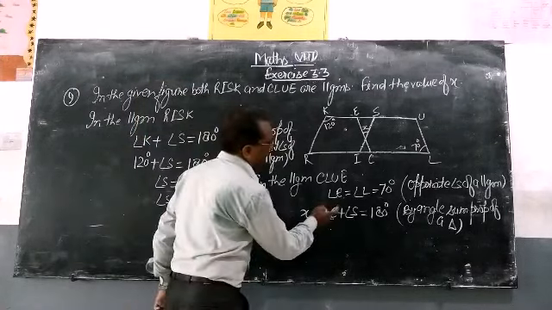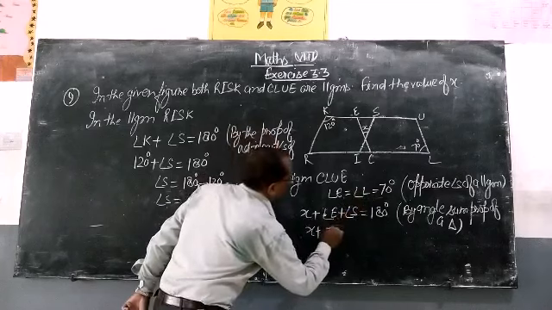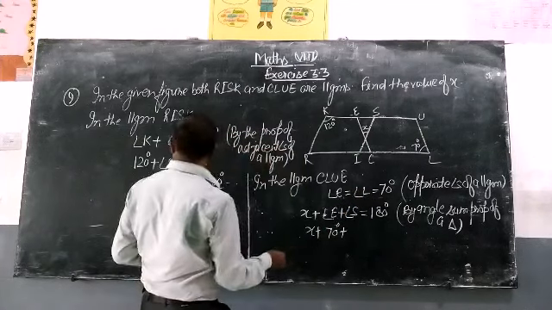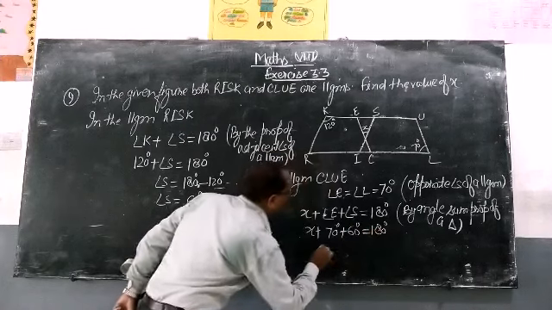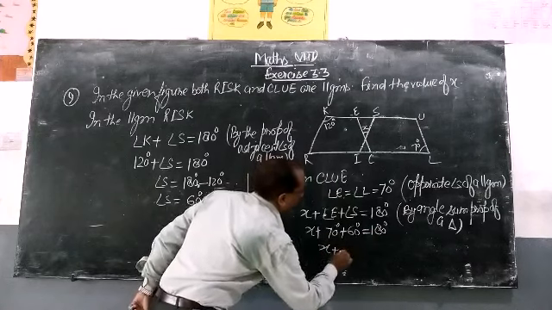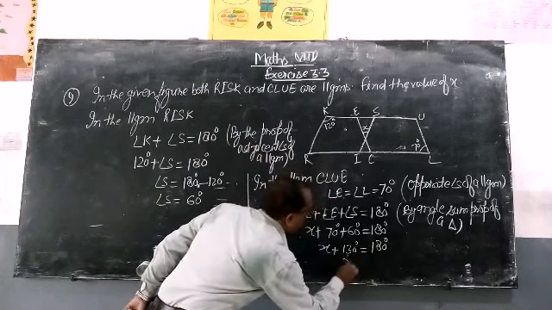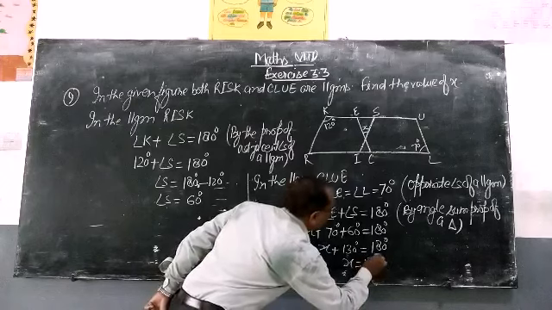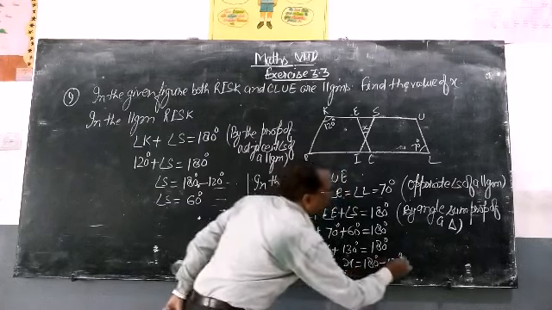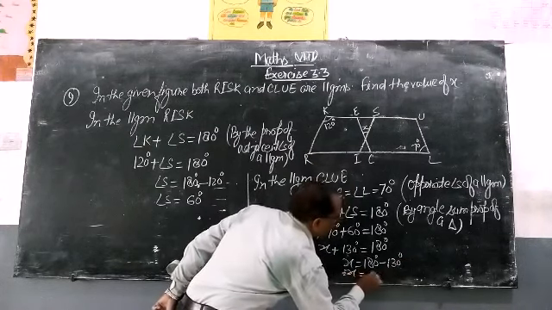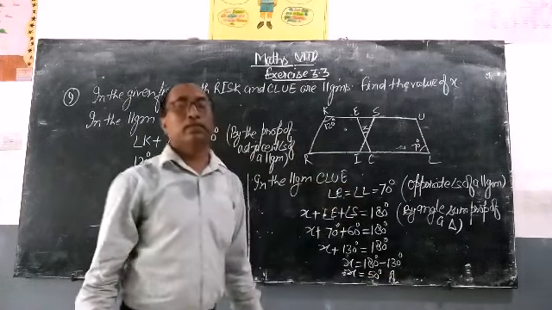Then you put the values of angle E and angle S here: x plus 70 degrees plus 60 degrees is equal to 180 degrees. x plus 130 degrees is equal to 180 degrees. x is equal to 180 degrees minus 130 degrees. You get x is equal to 50 degrees. It is your answer.